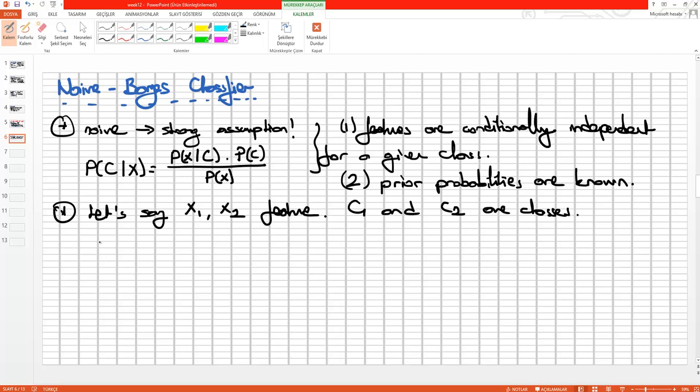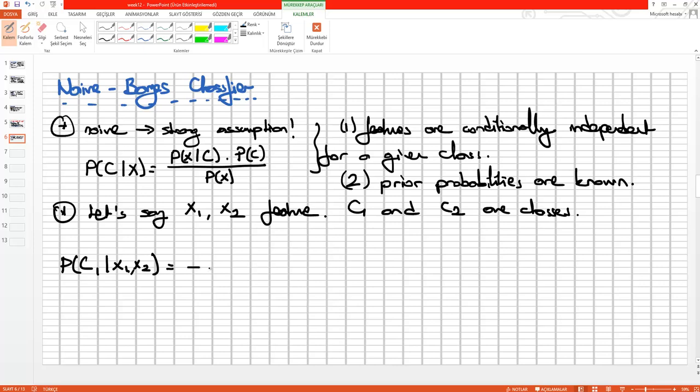Okay, and so the problem formulation can be given with P(c1|x1,x2), which means that the interpretation of this probability is that for a given x1 and x2, it is the probability of C1. So this new data, x1 and x2, is it stored within C1 or not? This is the probability of these terms.